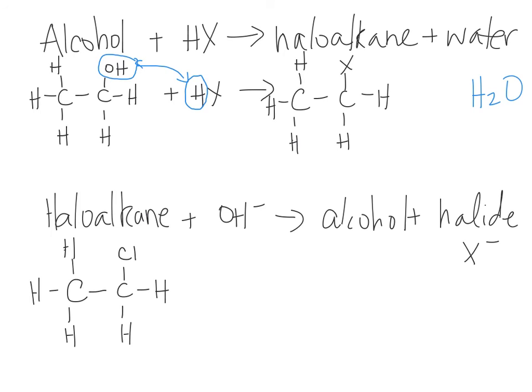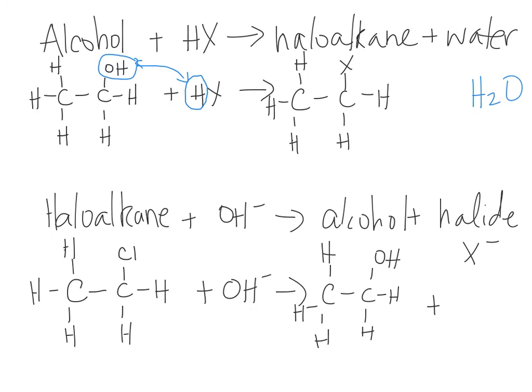So we could have our chloroethane, add a source of hydroxide ions, and we would make ethanol and chloride ions.